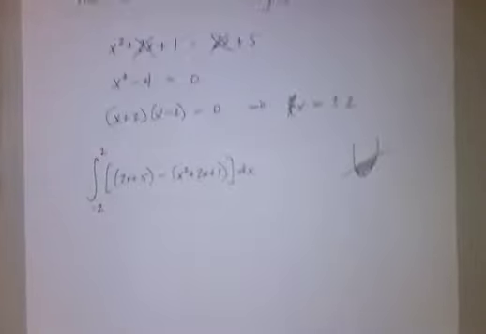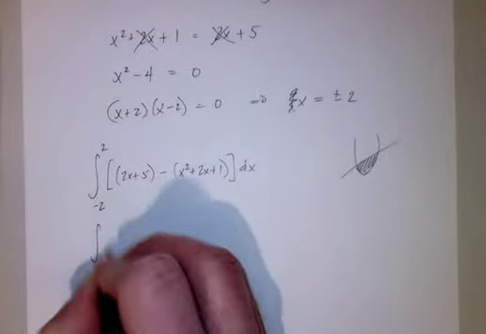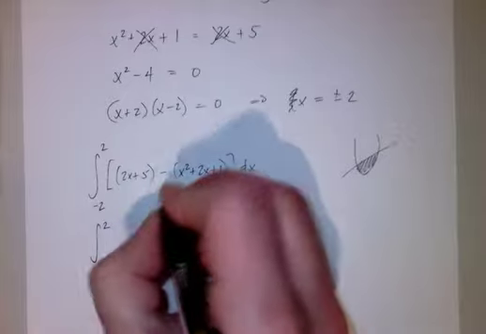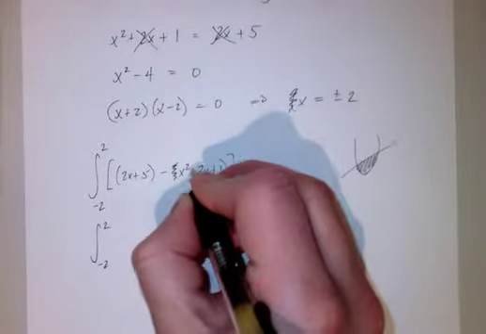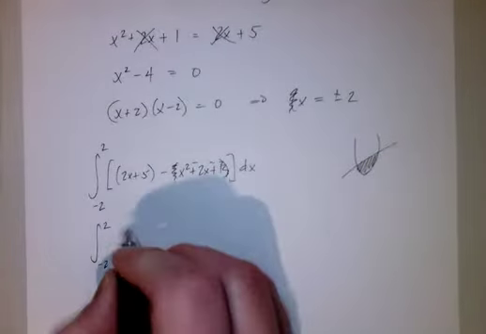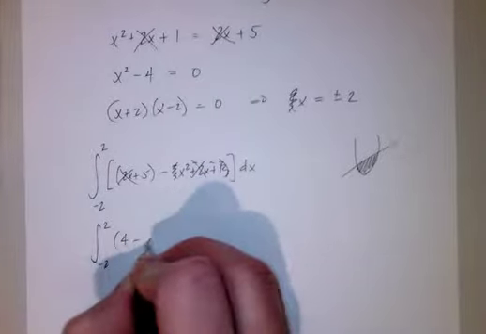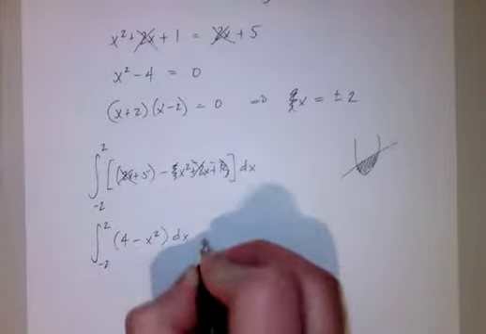Okay? Which means, now that I have this, all I have to do is very quickly simplify, and once I break down those parentheses, that's going to be negative, that's going to be negative, okay? And therefore the 2x's and the -2x go bye-bye, and I wind up with 4 minus x squared dx.